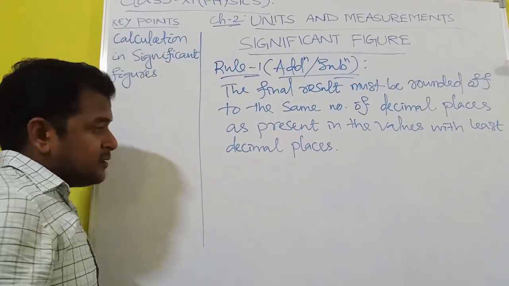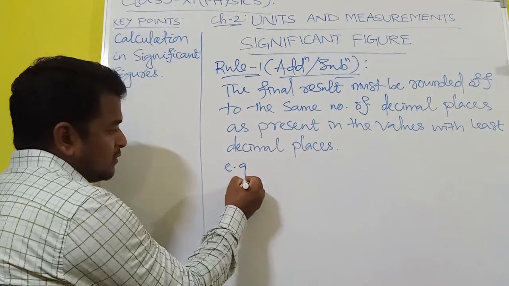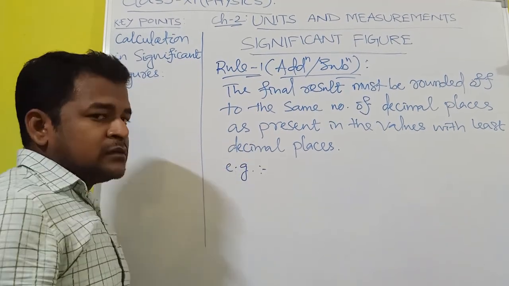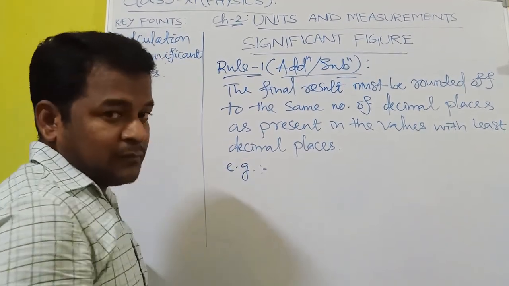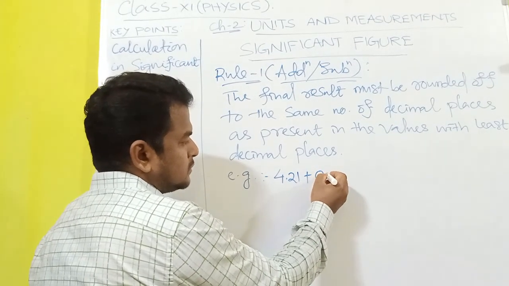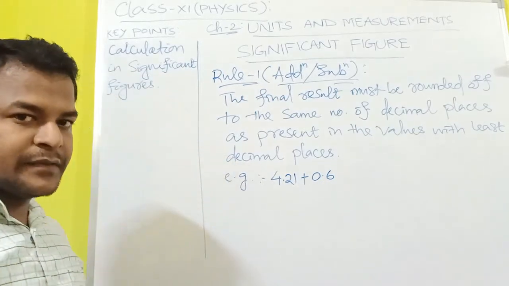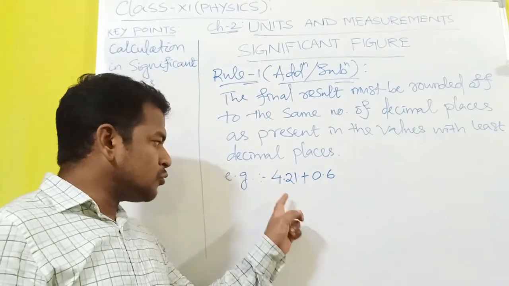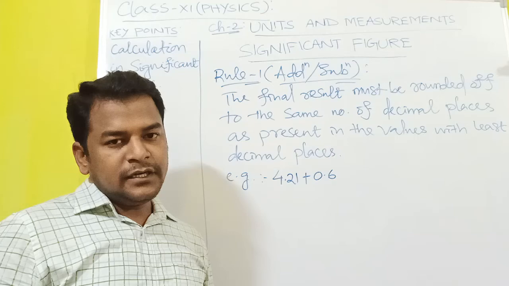What is meant by this? Example, suppose we have to add two numbers, 4.21 plus 0.6.